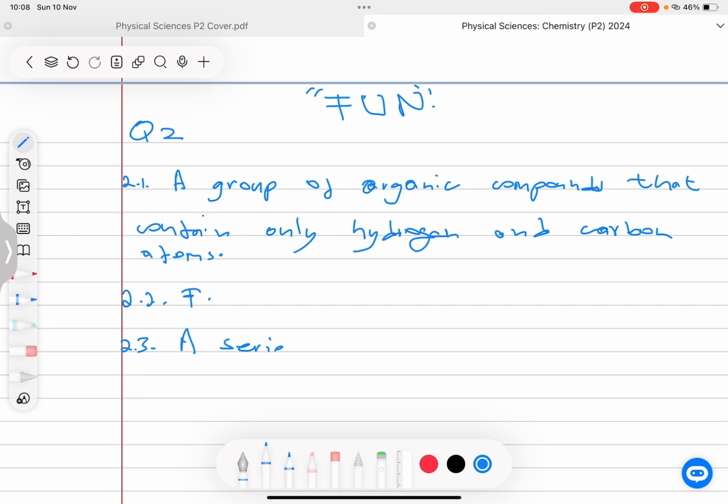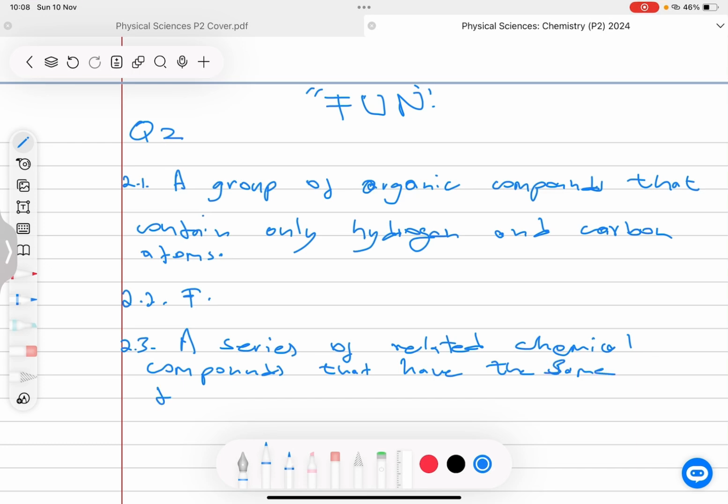A homologous series, we know, is a series, when I say series, a list of related chemical compounds that have the same functional group and the same general formula.